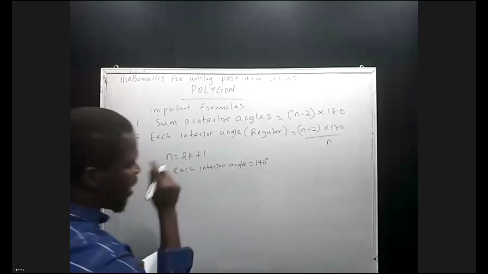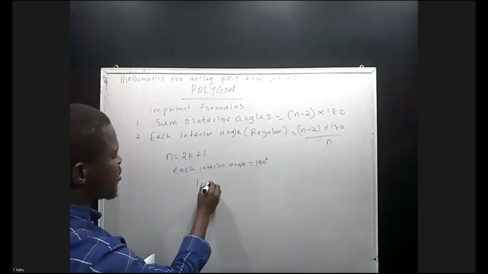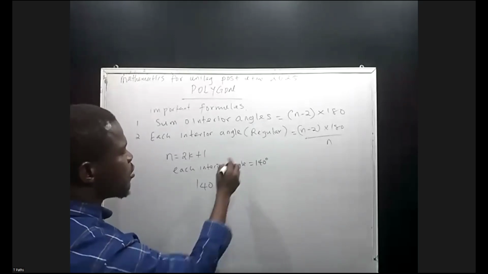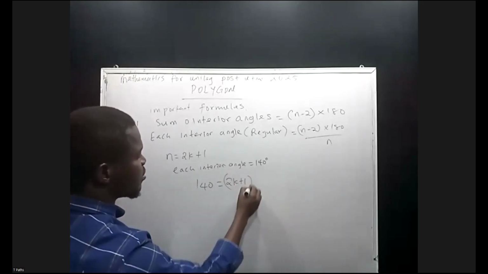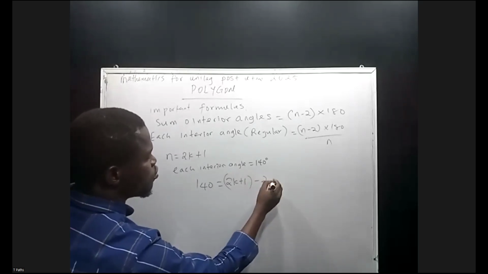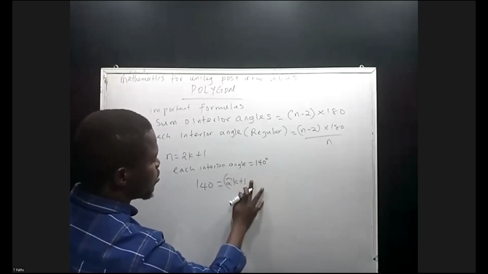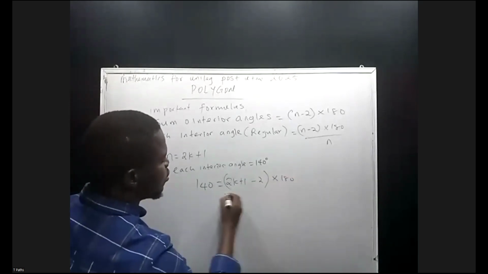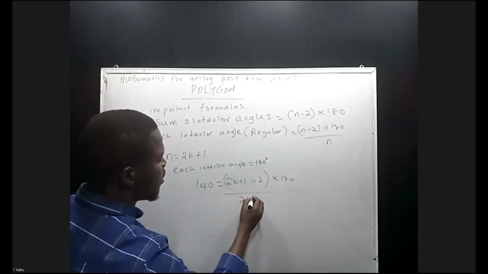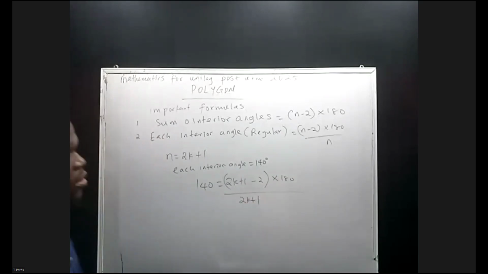We just need to apply this. So we have 140 equals what? n is 2k plus 1, right? n minus 2 times 180 over 2k plus 1. Is that clear?